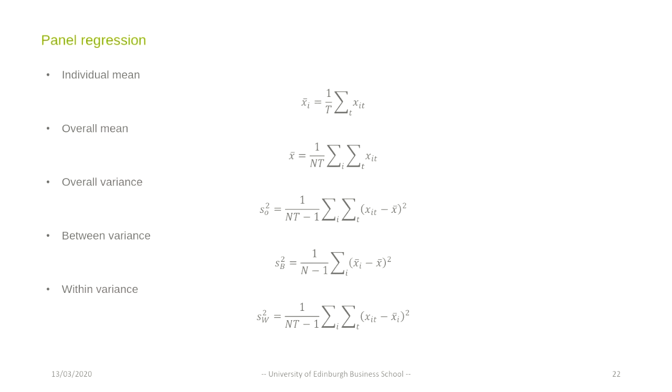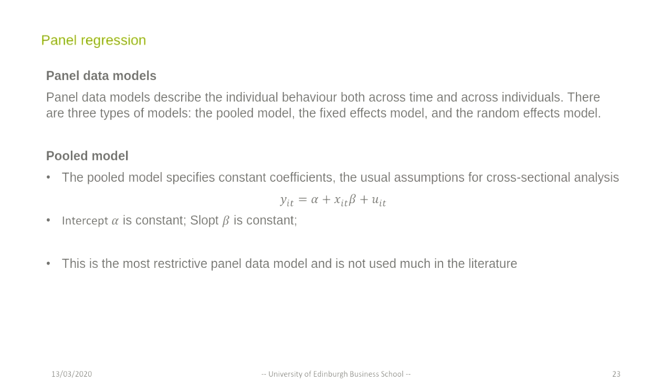Okay. So now let's think about the data and the model. We basically have 2 dimensions, time and individual. So apparently we might have several different types of models, because we have to consider both the difference across time and the difference between individuals. We basically have 3 types of model. The first one is called the pooled model.